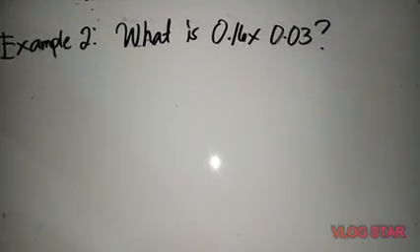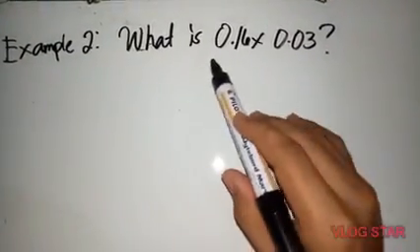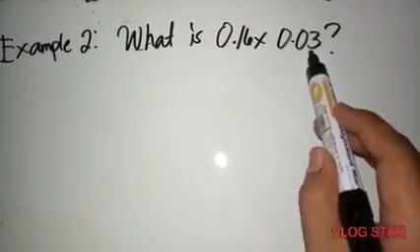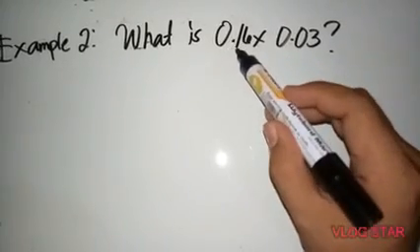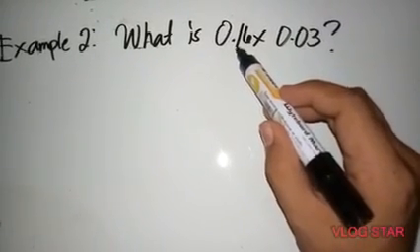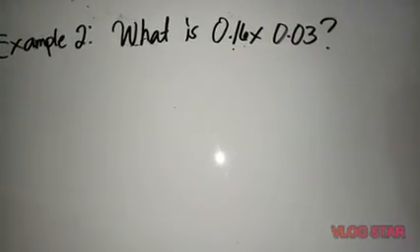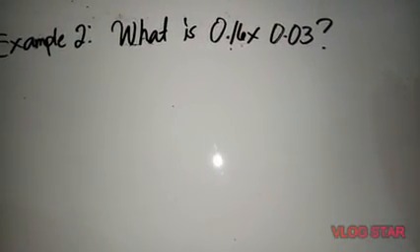So example number 2 is, what is 0.16 times 0.03? Or actually, we read this as 16 hundredths.